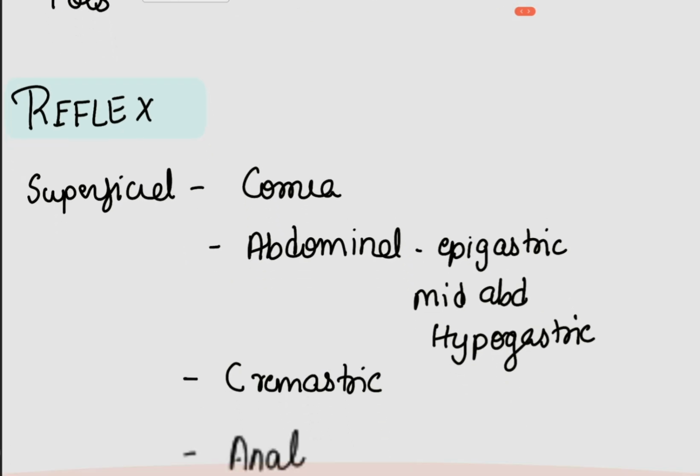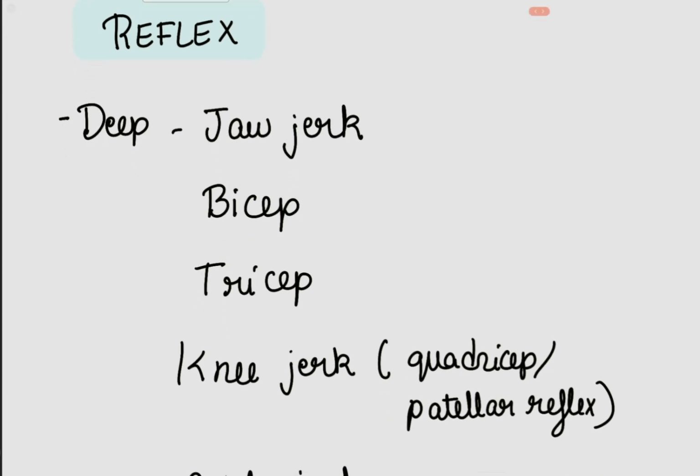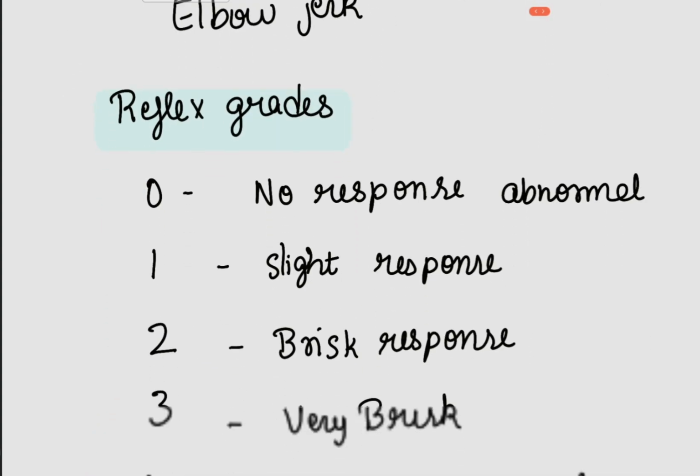Then we'll go for the next part, that is the reflexes. The superficial reflexes include corneal reflex, abdominal reflex, which is further divided into epigastric, mid-abdominal, hypogastric. Then we have cremasteric and anal reflexes. In deep reflexes, we have jaw jerk, biceps, triceps reflex, then knee jerk, ankle jerk, elbow jerk.